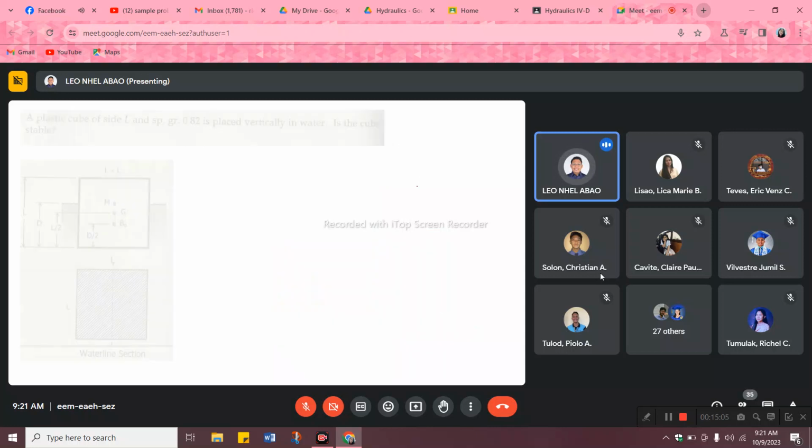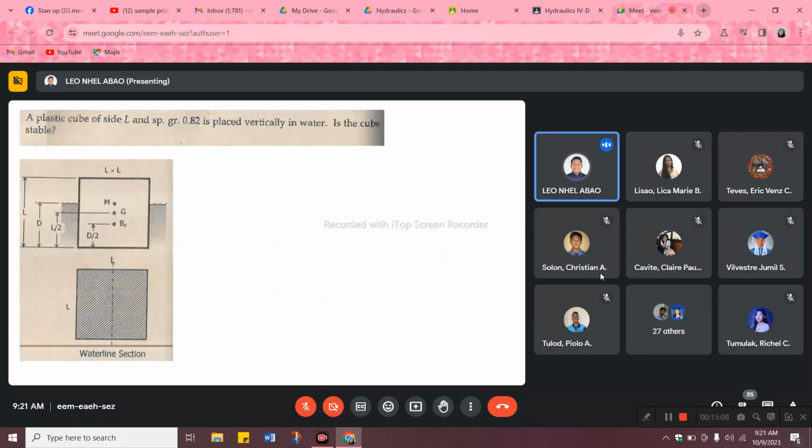So let's try an example. We have a plastic cube of side L and SPGR 0.82, placed vertically in water, and we are asked if the cube is stable. We draw an L by L cube.